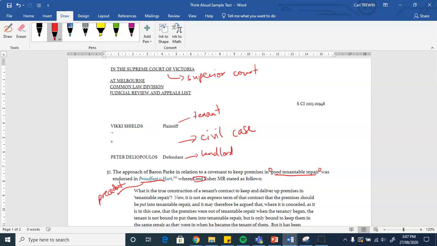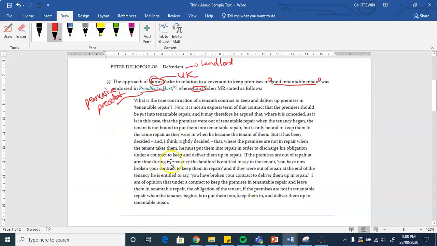Now let's note that Lord and Baron are not Australian terms, so I know that that's not from the Victorian or an Australian court hierarchy, but is likely from the UK. Therefore, it may be the case that this is forming persuasive precedent, that in their judicial reasoning the judge in this case is using this as persuasive precedent to help guide their decision.